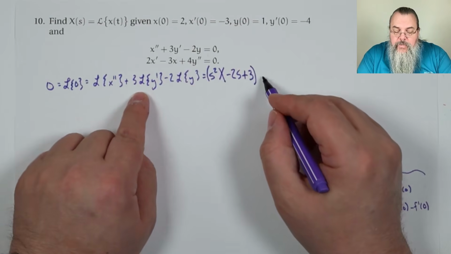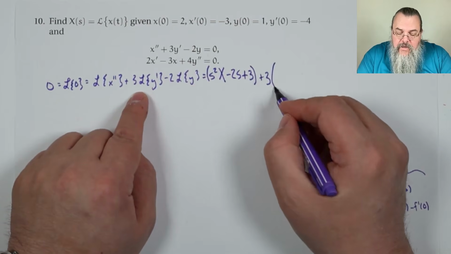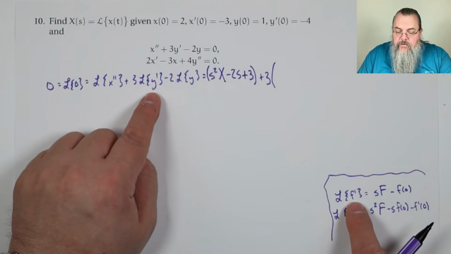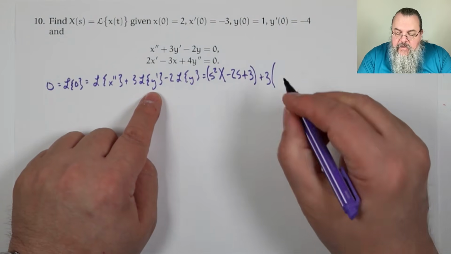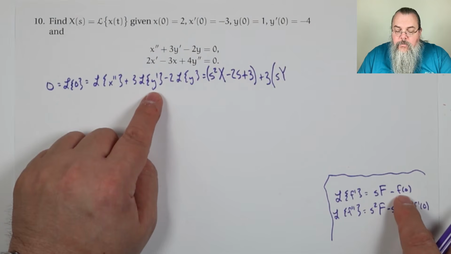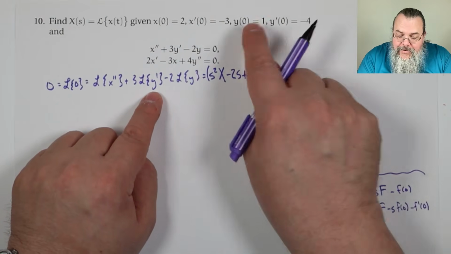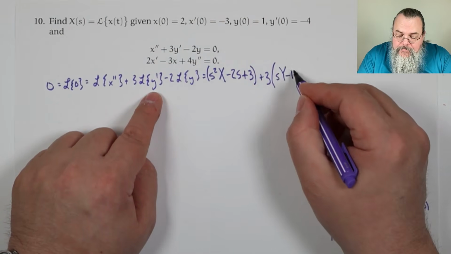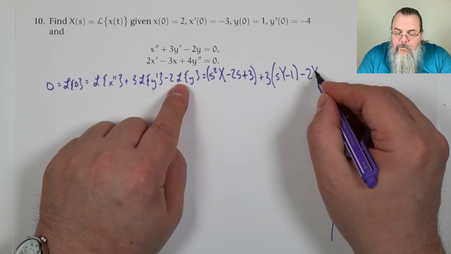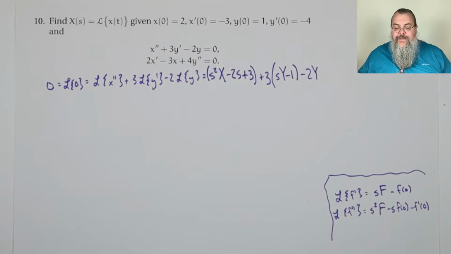That's the first term. Now, plus 3 Laplace of y prime. So here, f is y. So that would be s capital Y minus y of 0. Y of 0 is 1, so minus 1. Minus 2 capital Y. All right.